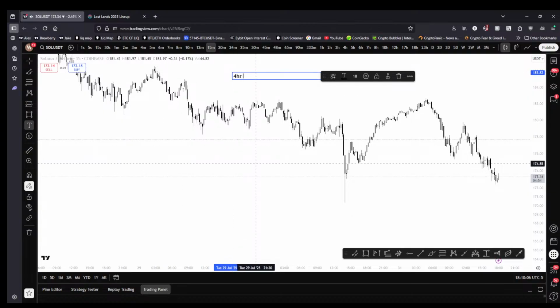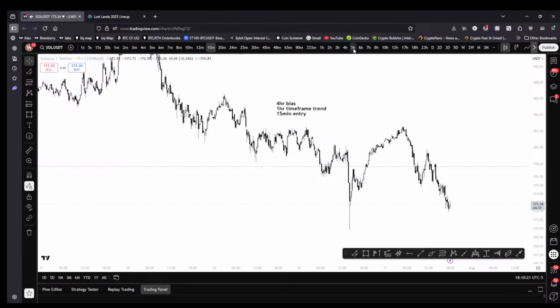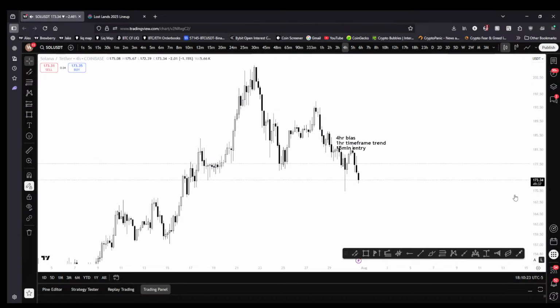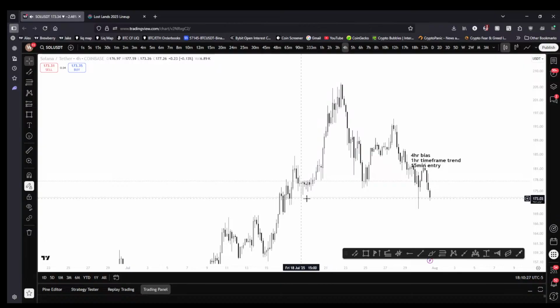Let's look for our bias time frame to be our 4-hour, our 1-hour time frame be our trend, and our 15-minute entry. So what is our current 4-hour structure? This was our 4-hour low. We're trying to break that 4-hour low now.